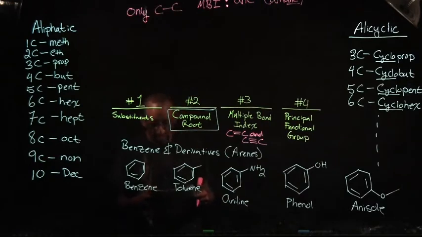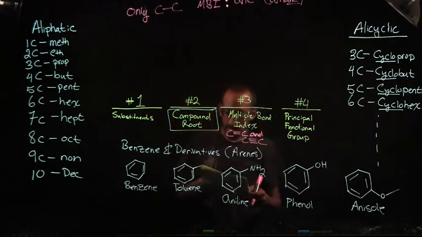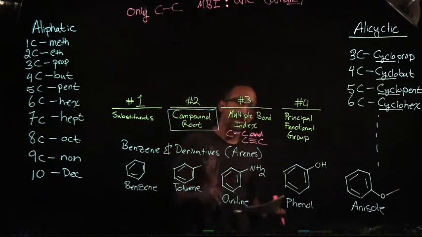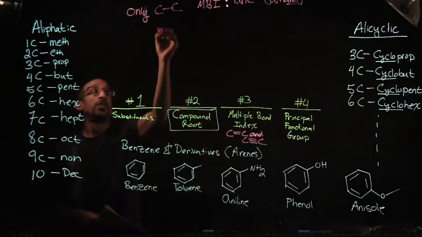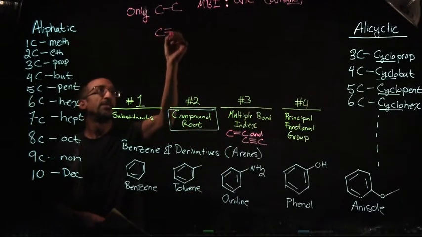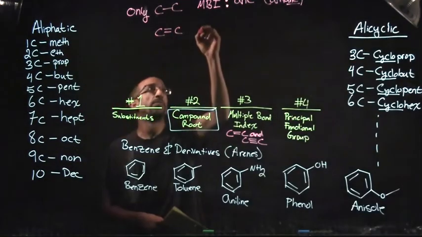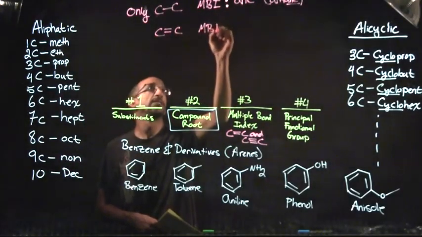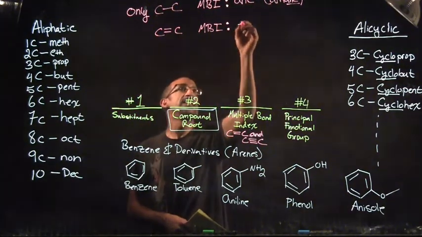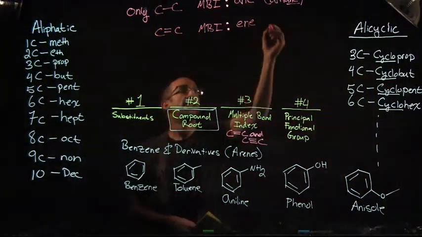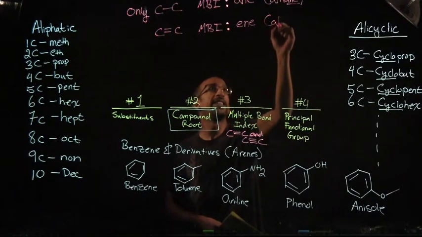And that is what we'd put in position 3, and that comes right after the compound root. Now, carbon-carbon double bonds have a multiple bond index of ene, E-N-E. This comes from alkene.